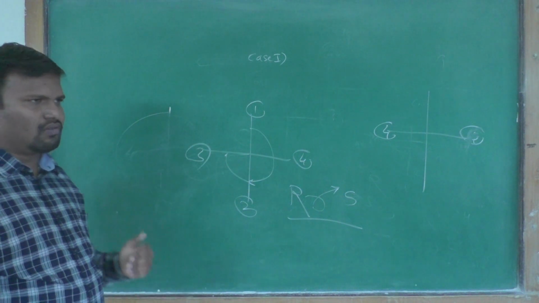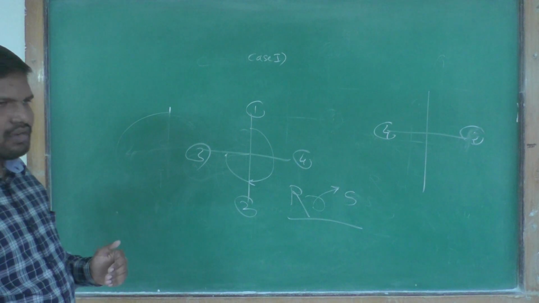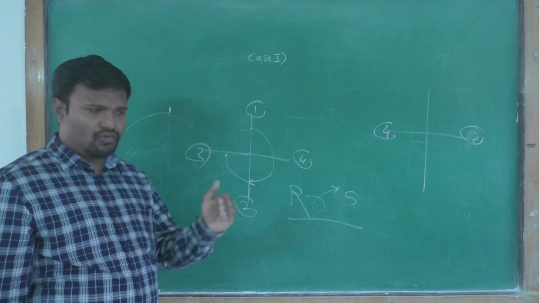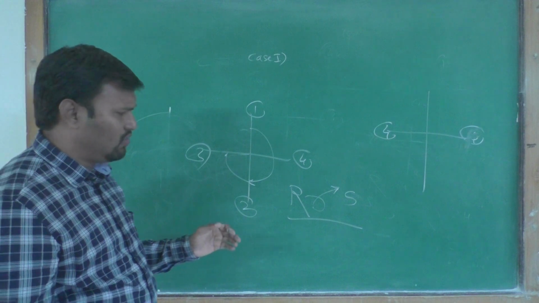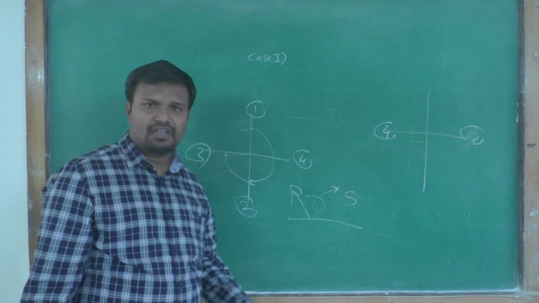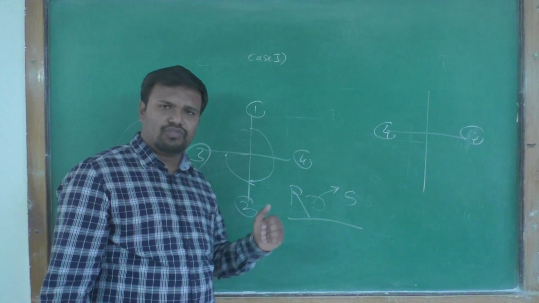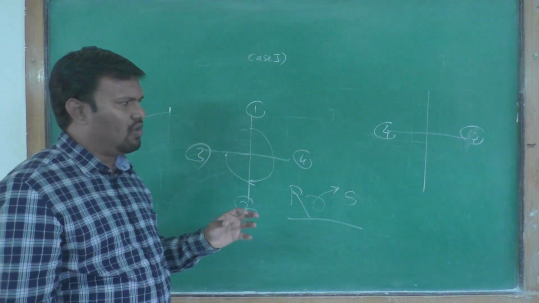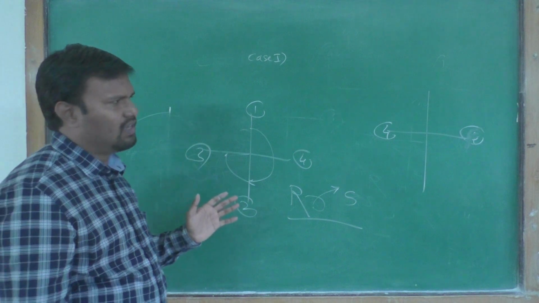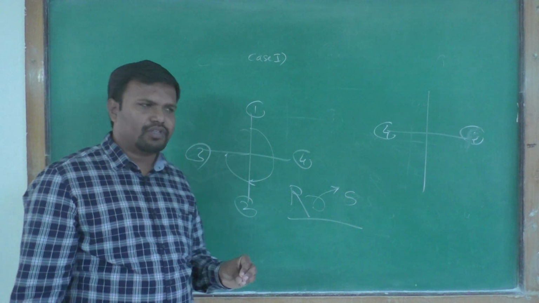Okay, if your 1, 2, 3 rotation is clockwise, then you have to change R to S. If it is anti-clockwise, you have to change S to R. Okay, like that way, you can predict R configuration and the S configuration.